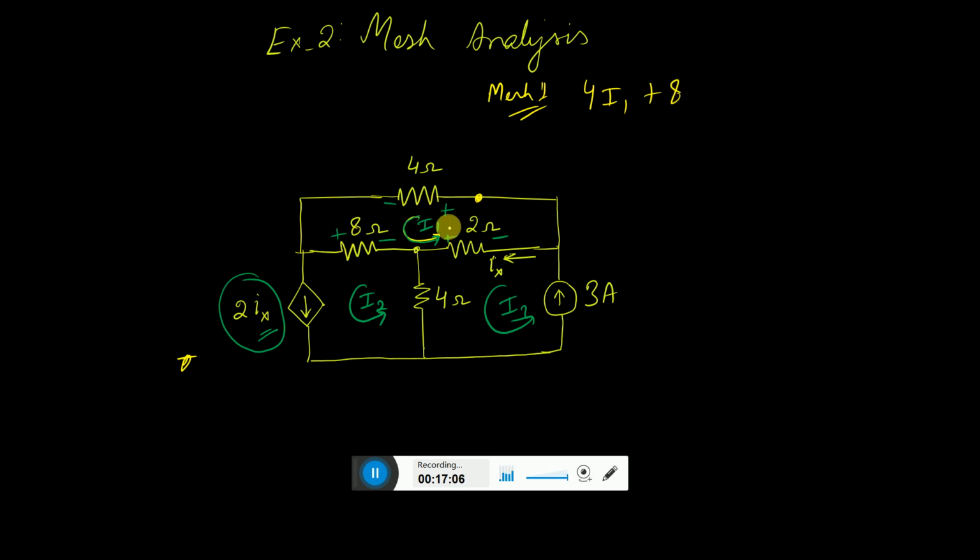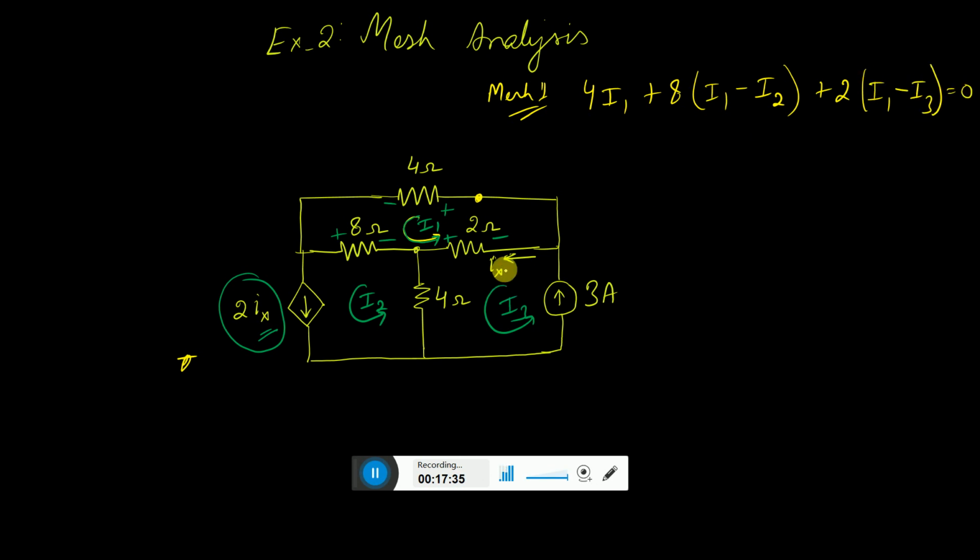What is the current? I1 is the current which is moving from left to right. Okay, I1 is the current, and opposite to that is I2, a mesh current which is opposing it. So I2 is opposing. Similarly, you have got a 2, so you take 2, then I1 is a current from left to right, and I3 is a current which is opposing it. That is equal to 0.